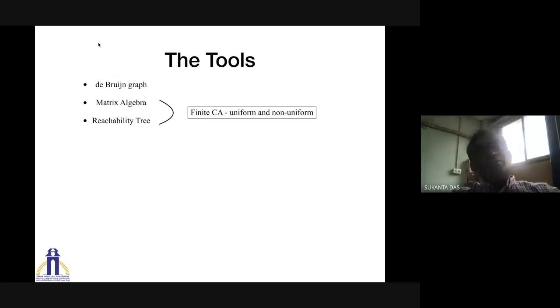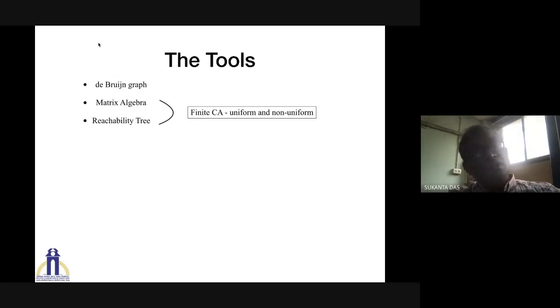So today we shall start with matrix algebra. In the next class, we shall deal with reachability tree. Matrix algebra is used to characterize linear CAs only. We use matrix algebra, or linear mathematics, to characterize linear cellular automata, and we have defined the meaning of linearity.